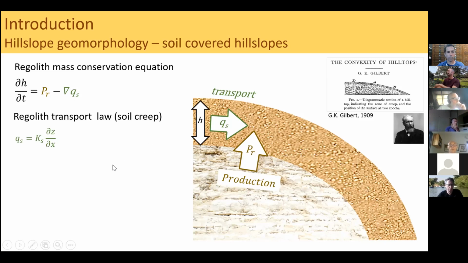For soil transport, we can state this mass transport law that just states some relation, in this case a linear relation, between slope or surface gradient and flux. Okay, so for example, if the slope would be twice steeper, flux would be twice bigger.